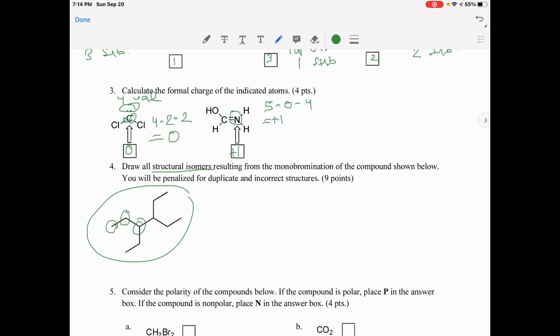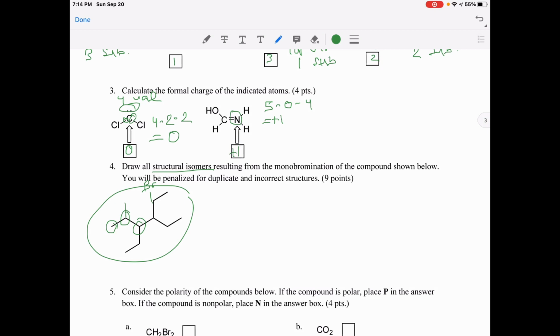So we don't want duplicate structures. You can try this out on your own. Maybe you try adding a bromine here and here, and if you rotate it, you can see that they're essentially the same structure, just moved around. So you don't have structural isomers at that point.